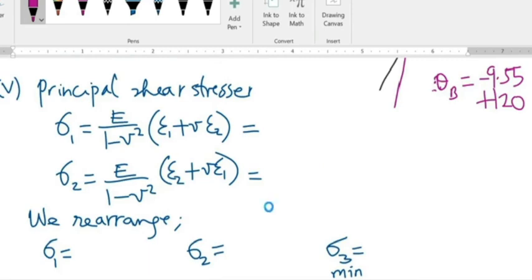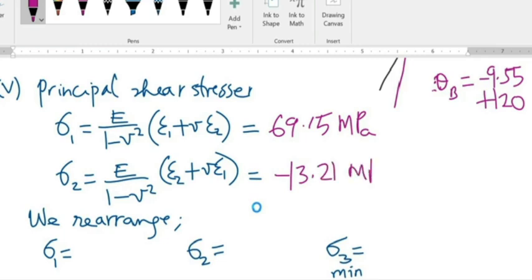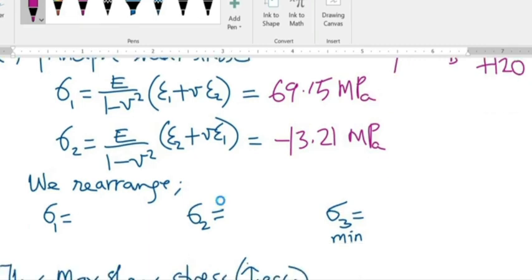So next is you determine the corresponding principal stresses are given as this. If you enter the formula correctly, we'll have the first one as 69.15 megapascal, and this is going to be minus 13.21 megapascal.